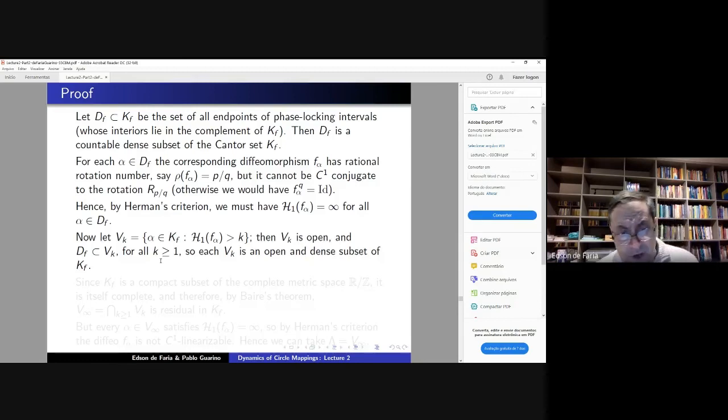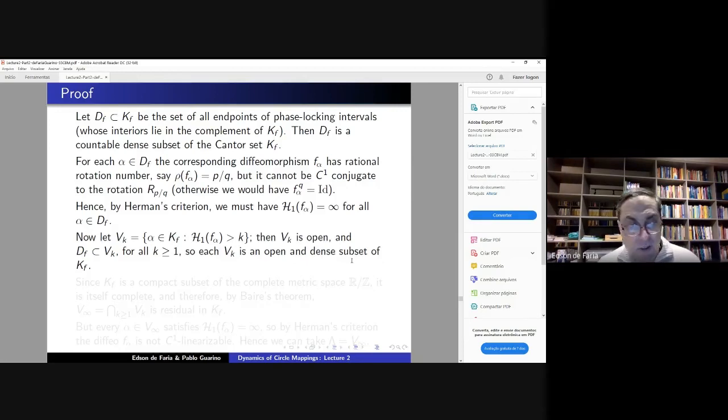Then just because of the definition of the Herman invariant, this is an open condition, so the V sub Ks are open sets, okay? And of course, D sub F is contained in V sub K for every K, right? Because at points in D sub F, the invariant is infinite, so it's greater than K. So V sub K is open, and it's also a dense subset of K sub F.